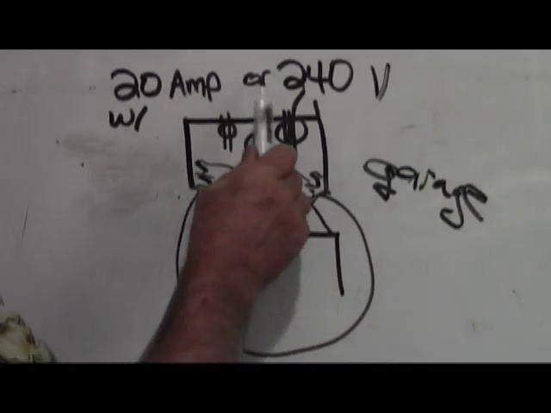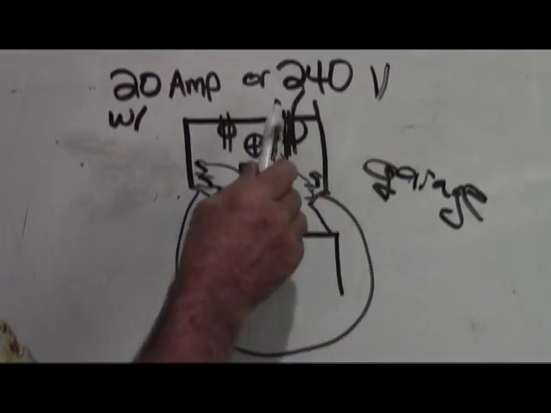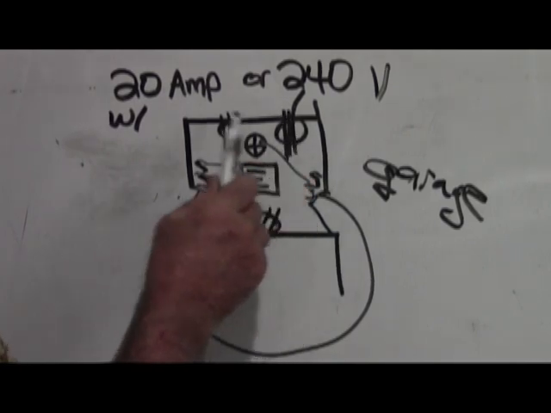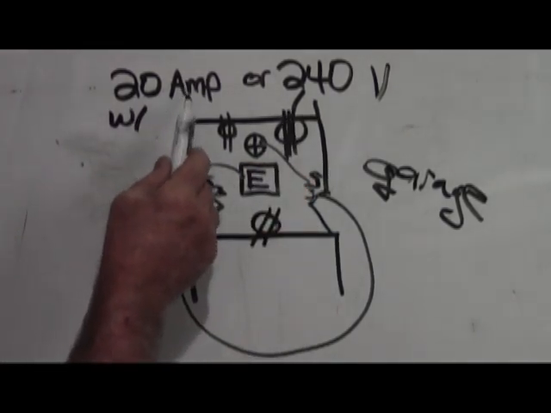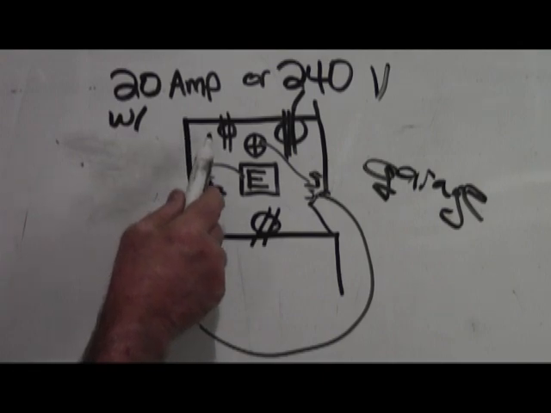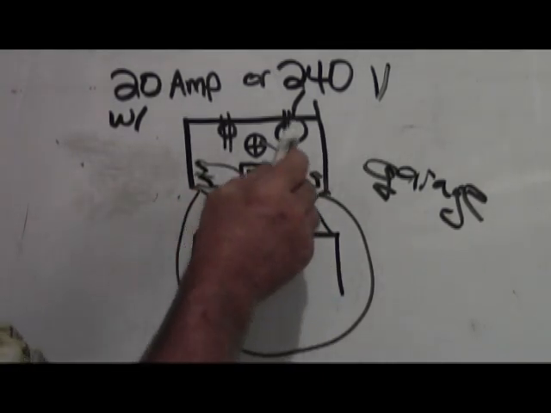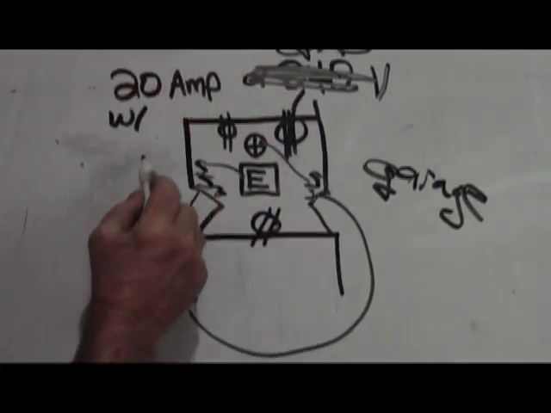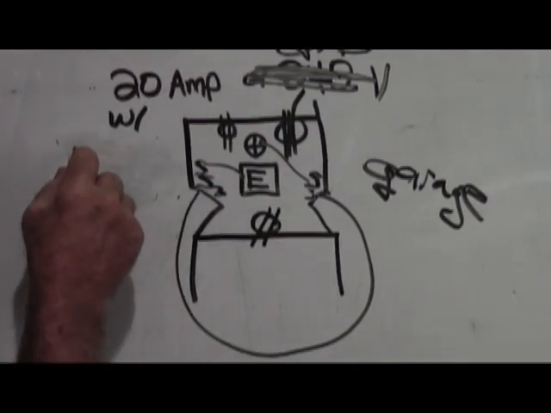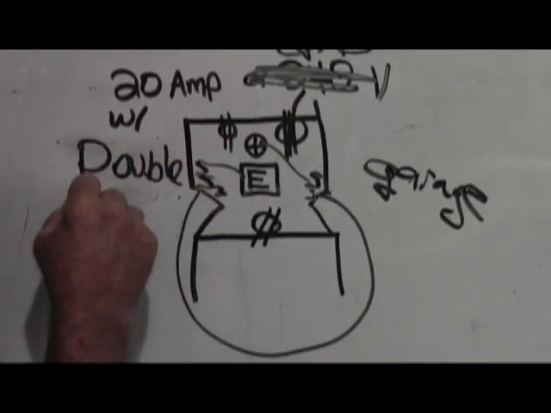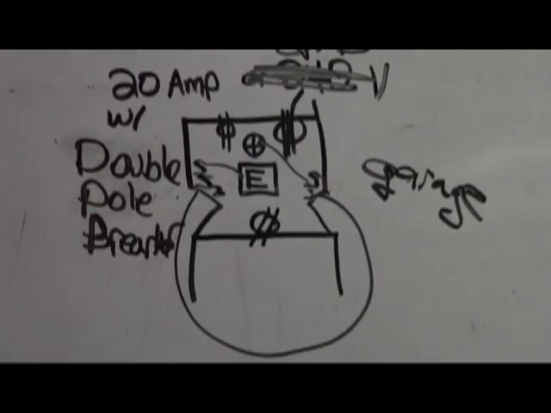But you can either go with a 240 volt all electric dryer with a 20 amp dedicated outlet for your washing machine, or if you're going to go with gas, you go with a 20 amp with a double pole breaker. Alright, and you have to have that service outlet.